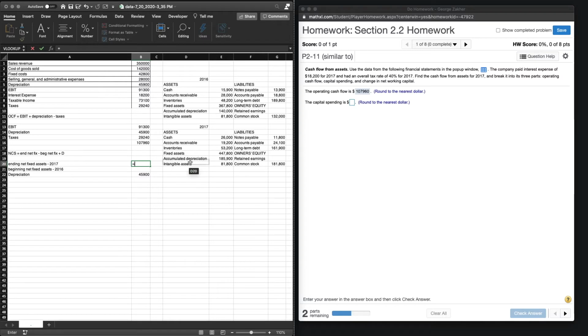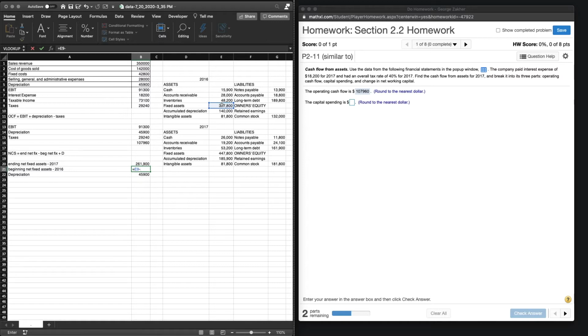We don't have to worry about intangible assets because they're equal to each other. So again, we're going to do fixed minus accumulated. That's going to give us our 2017 number. And now we just need our 2016 net fixed assets. We've already figured out our depreciation.